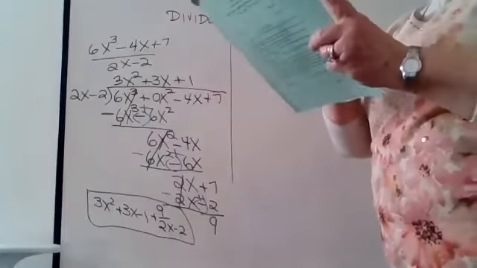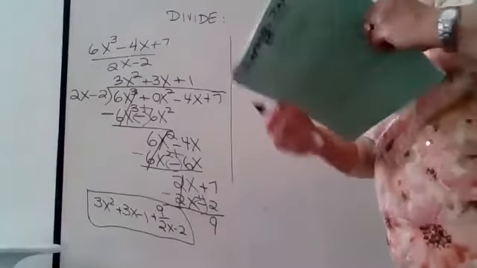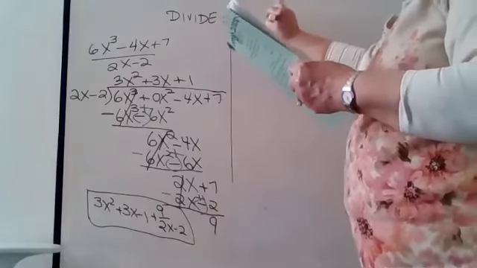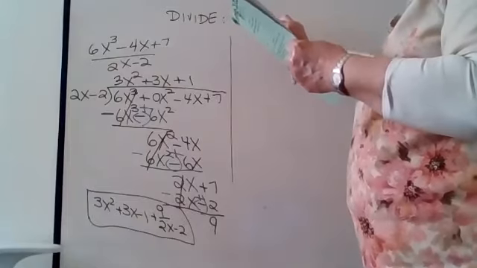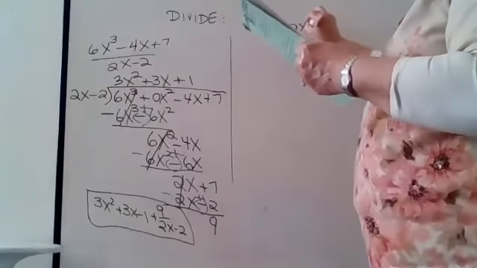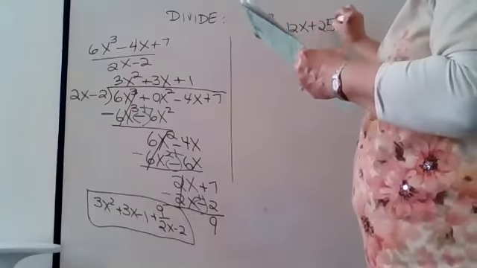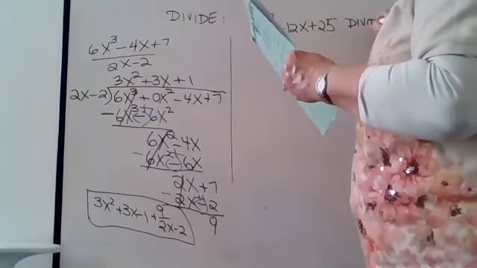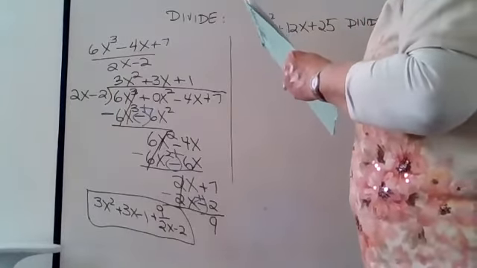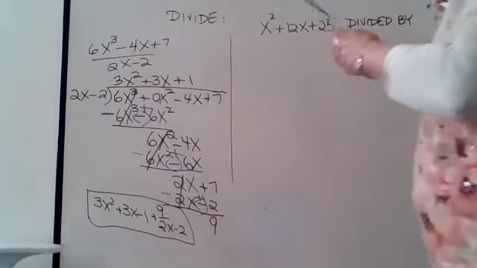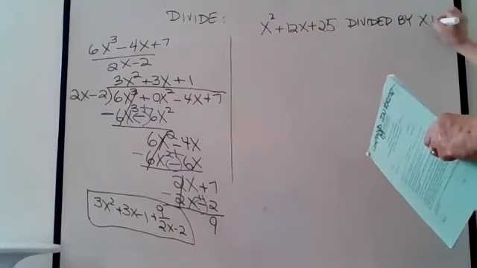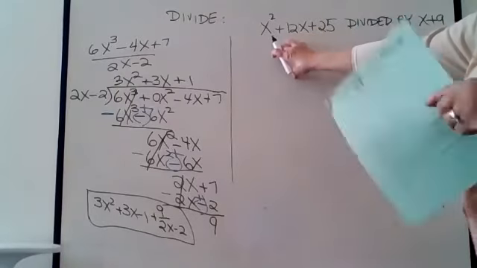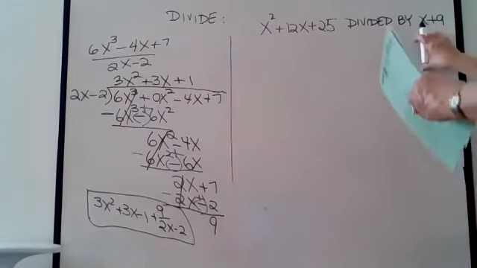Find the quotient and remainder when the first polynomial, which is x squared plus 12x plus 25, is divided by x plus 9. Okay, they want you to divide this polynomial, which is a trinomial, by this binomial.